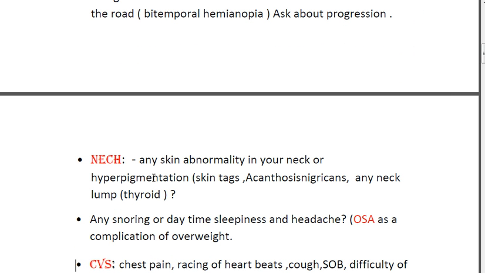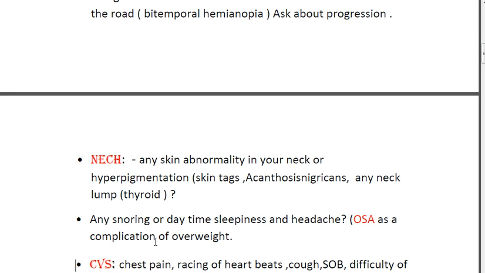The neck. Any skin changes of your neck? Of course, this patient may have skin tags or acanthosis nigricans. You can ask about any skin abnormality in your neck or any tanned skin of the neck as in acanthosis nigricans. Any neck lump or thyroid enlargement?